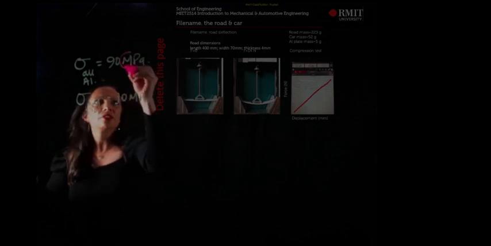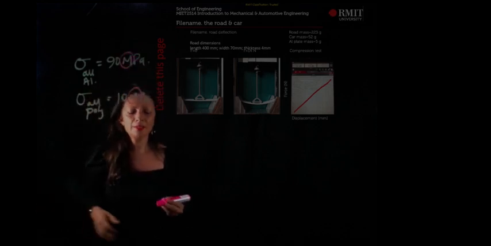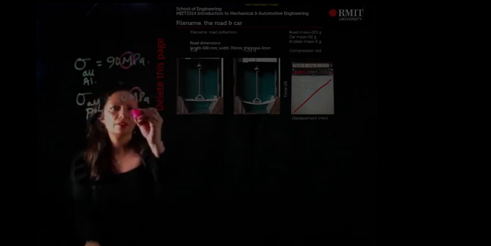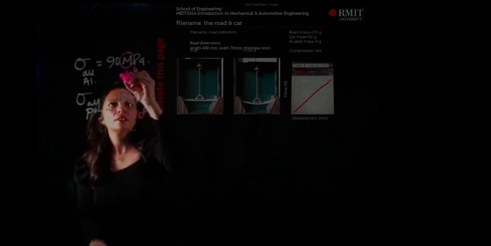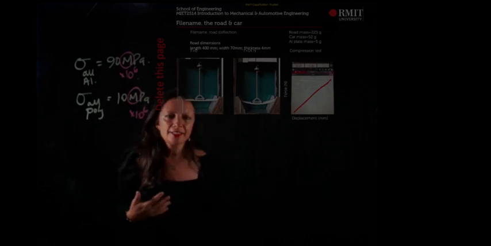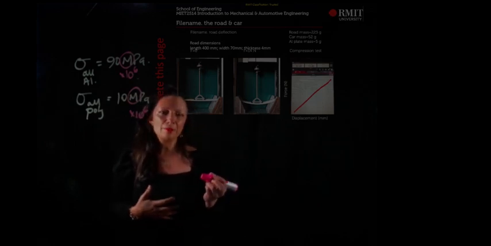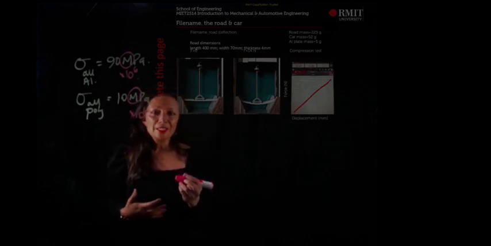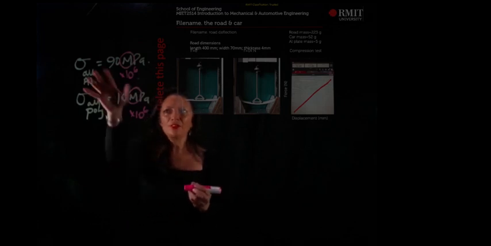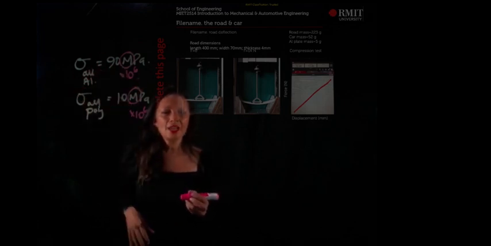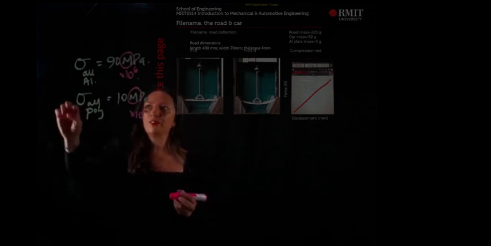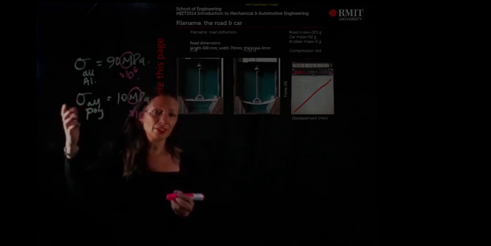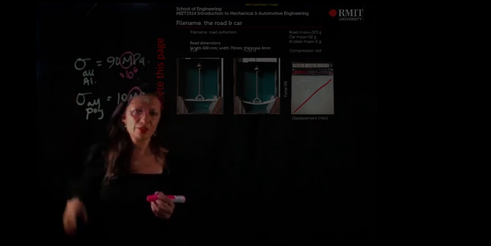We need to change these units to 10 to the 6. And how can we describe the material characteristic through the stress? If we want to find the maximum bending moment, it's going to differ between the two materials.